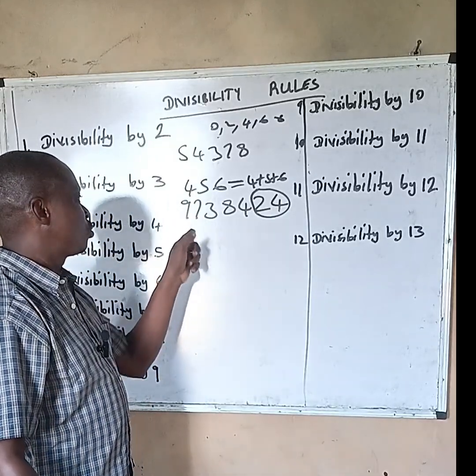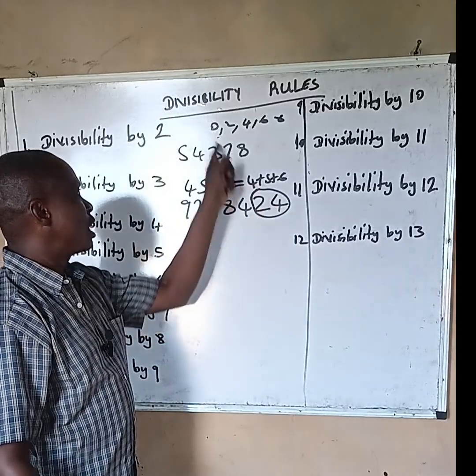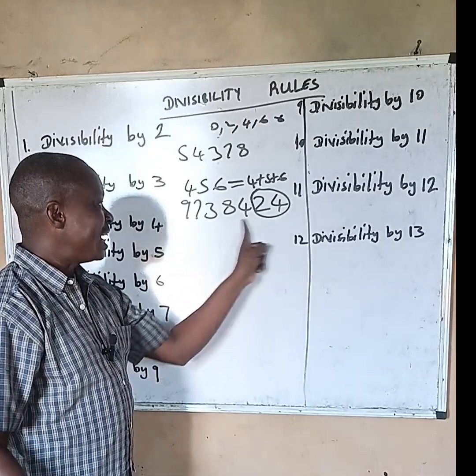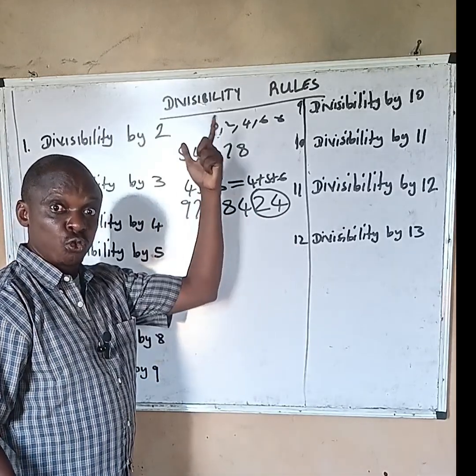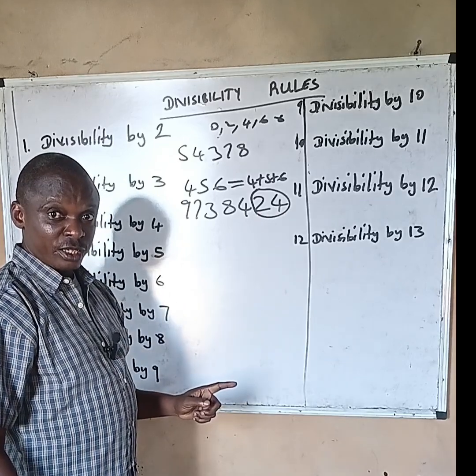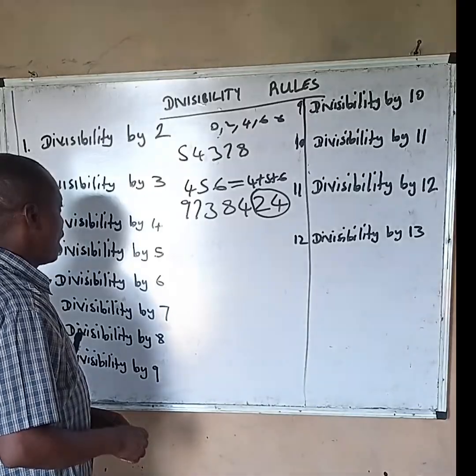Instead of trying to go and use 2 first, because you have 4 here, 4 can divide this entire number without going through 2, as long as 4 can divide these last two digits. Is that clear? All right. So that is for a number divisible by 4.